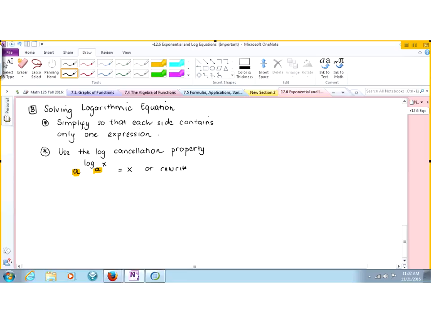Or rewrite using exponential notation. So either way would work. I think the cancellation property is easier. And we're going to solve the resulting equation.